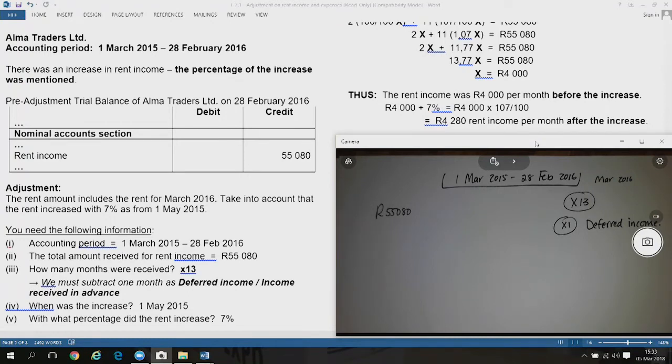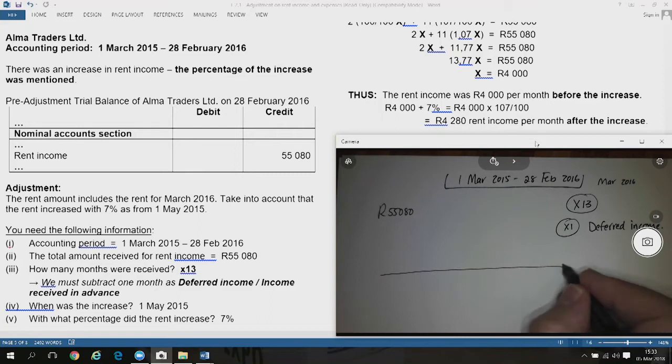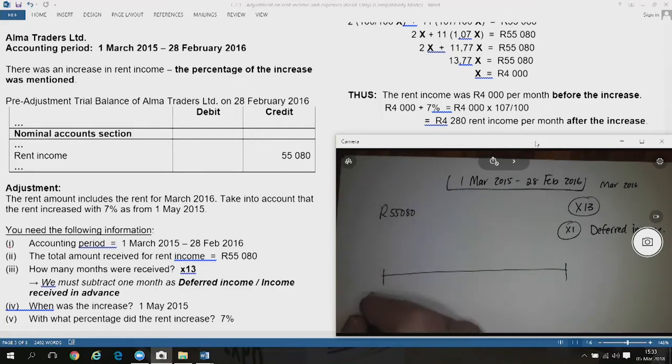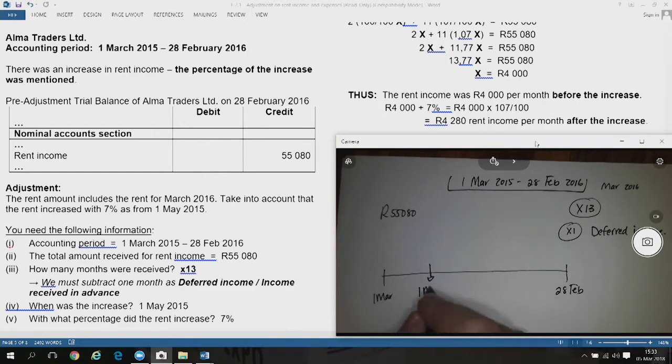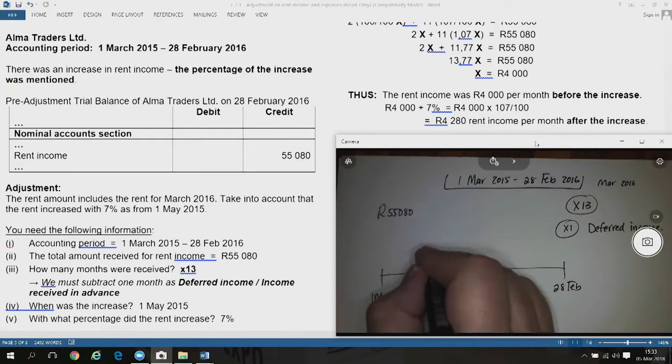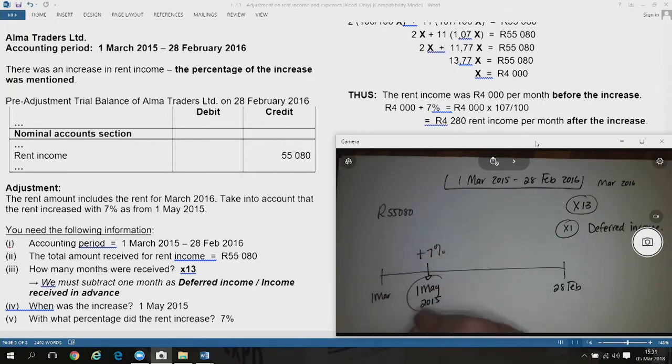Okay. The rent amount includes the rent. Take into account that the rent increased. So if this is your accounting period, if this is the 1st of March and this is the 28th of February, on the 1st of May 2015, there was a plus 7% increase on that specific day.